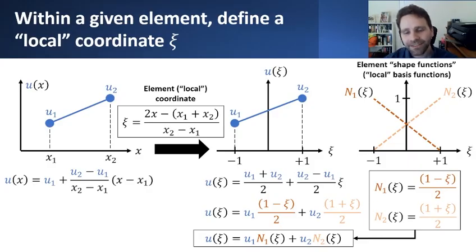In the local context of a particular element, they can be called basis functions, but they are also sometimes called shape functions when referring to them local to a particular element of interest. So I have two basis functions, n1 and n2, associated with node 1 and node 2, which act in such a way that they enable me to interpolate the values of u1 and u2 at the endpoints of this particular element.